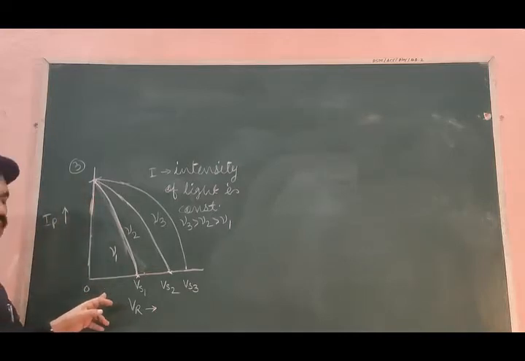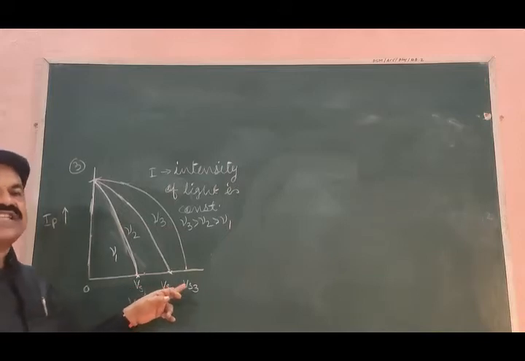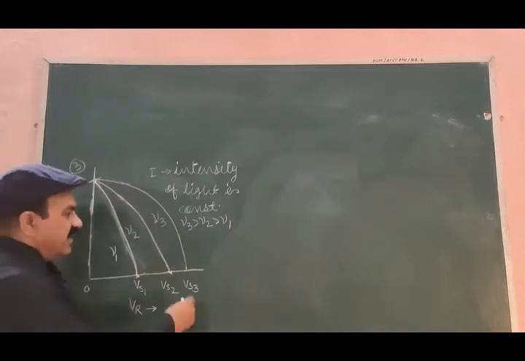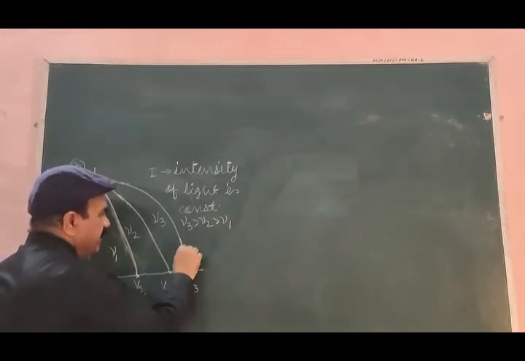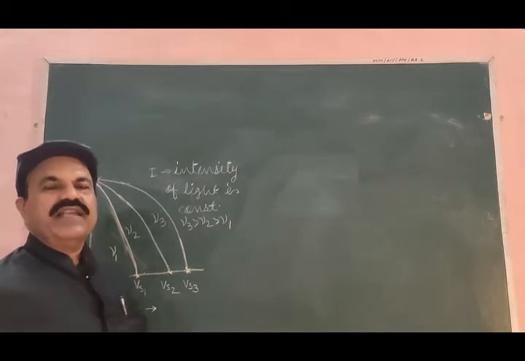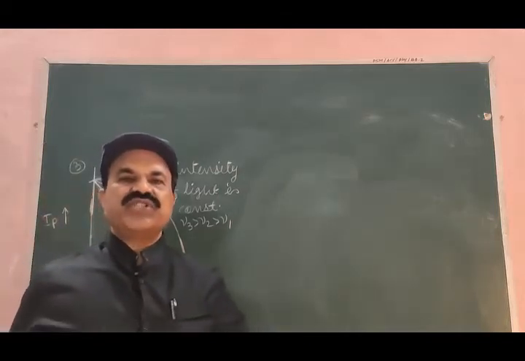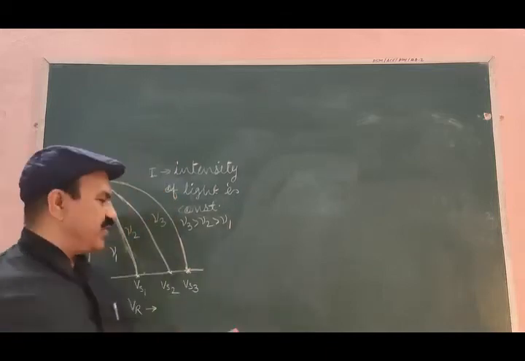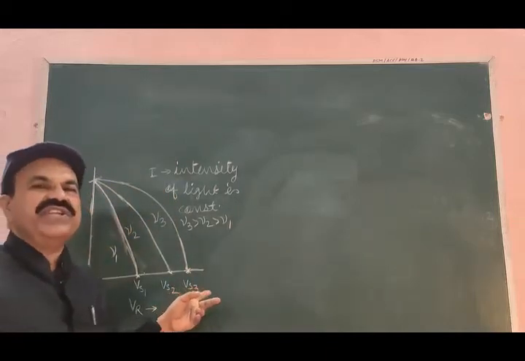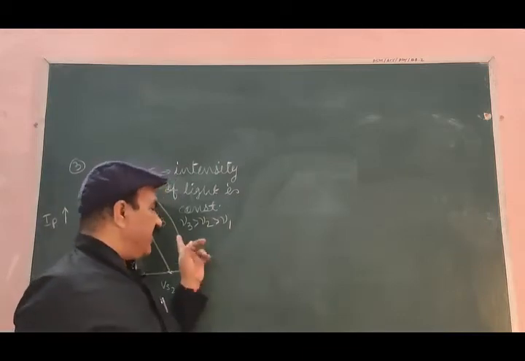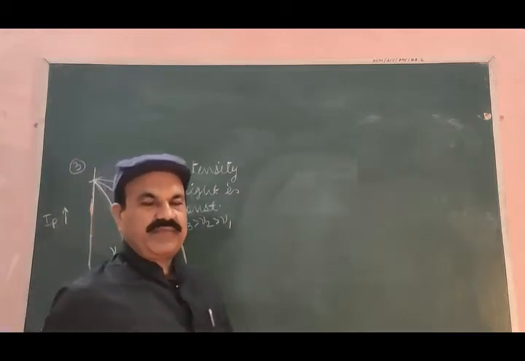As the retarding potential is increased in steps, the current starts decreasing, and at the value Vs3, the current through the photocell ceases. Vs3 is the stopping potential for the frequency nu 3.